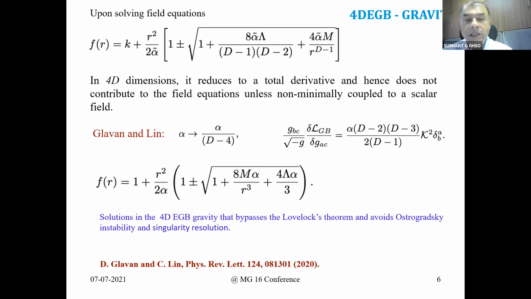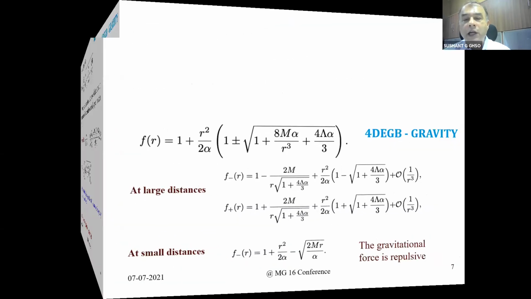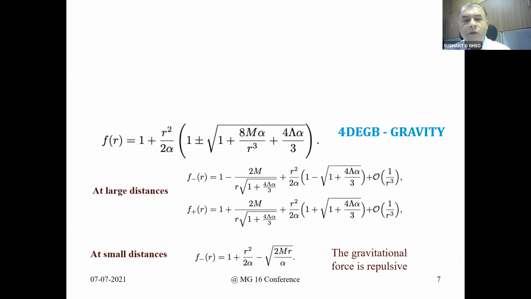Now, because of this, researchers gave a lot of attention to this theory. Let me say a few words about this, then I'll come to my Gauss-Bonnet rotating black hole solution. This is a solution which at small distance recovers the GR solution, which is the Schwarzschild-de Sitter negative branch. As we know, there are two branches of the solution, plus and minus.